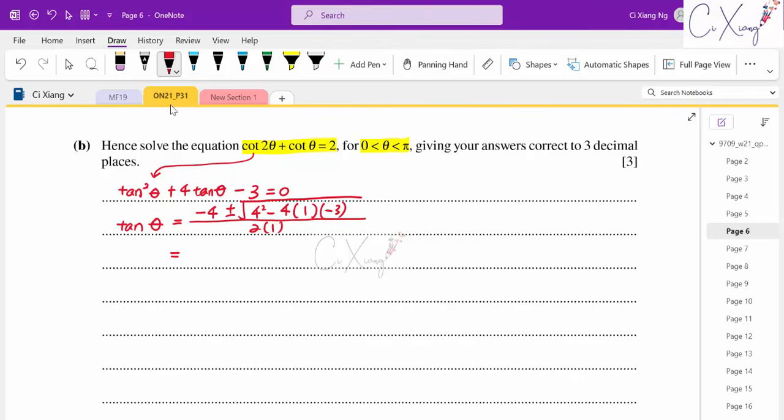Okay, then if you try to simplify the value here, you actually get two different values, which are very long. So I usually will keep it as long as possible. The first value that you get from the calculator should be this one. It's a long value. And then the second value that you get should be negative 4.645.